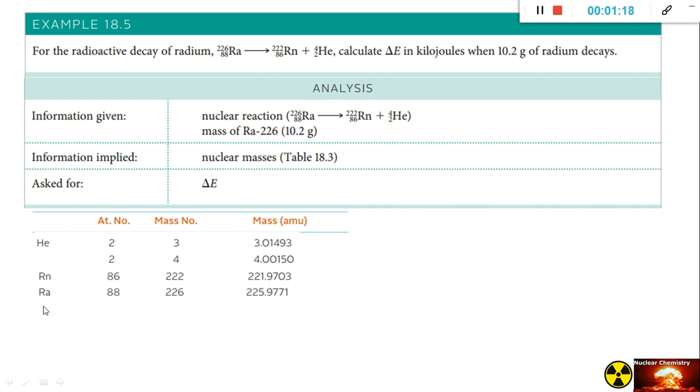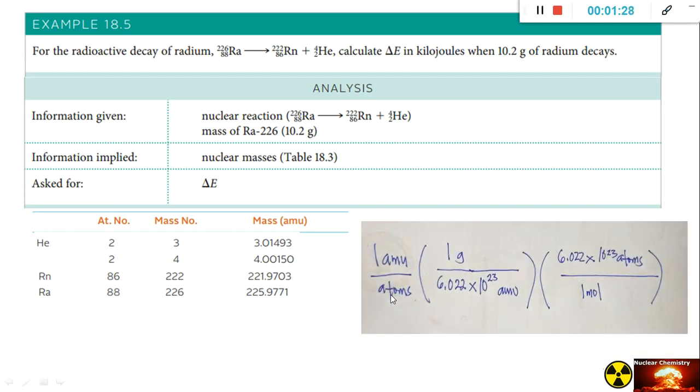And we also have radium-226, which is 225.9771 atomic mass units. We can also observe that one atomic mass unit is equivalent to one gram per mole. For example, this helium-4 has an atomic mass of 4.00150 grams per mole.